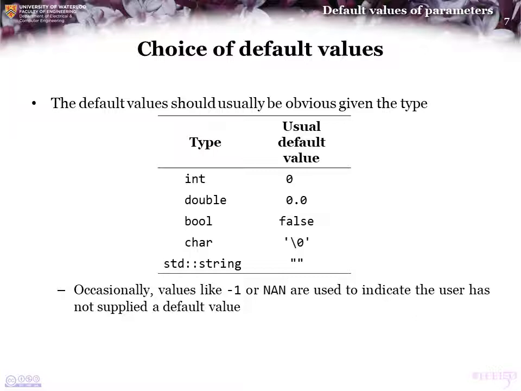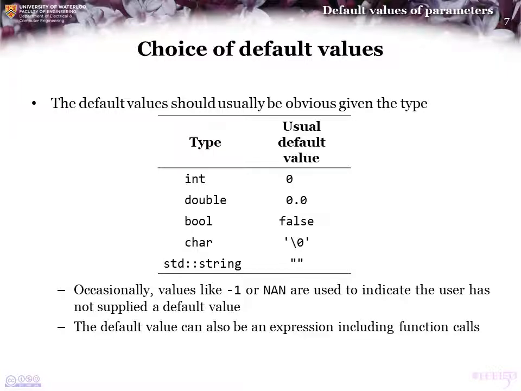These two values can be used to indicate that the user has nominally not supplied a value. Interestingly enough, the default value can also be an expression. It doesn't have to be a constant, and it can also include function calls that then calculate the default value if the user does not provide a corresponding argument.